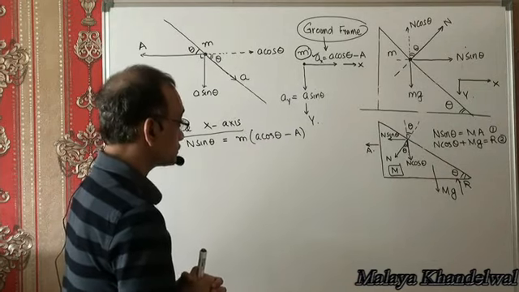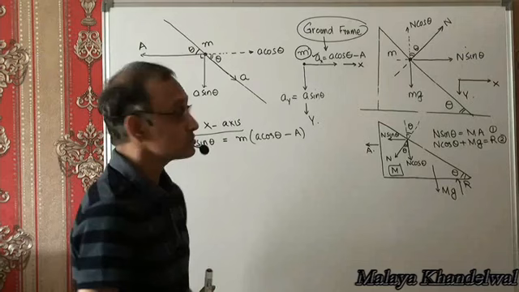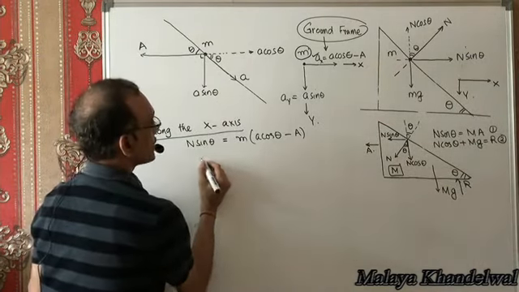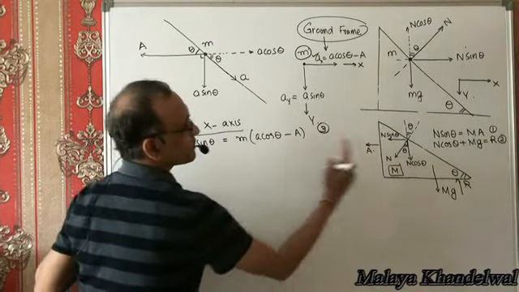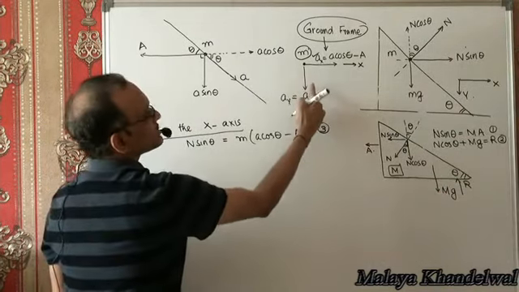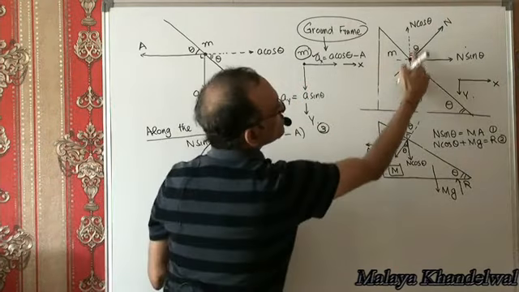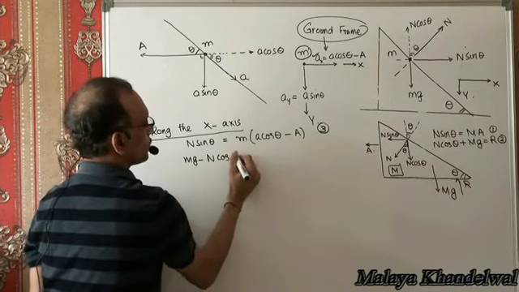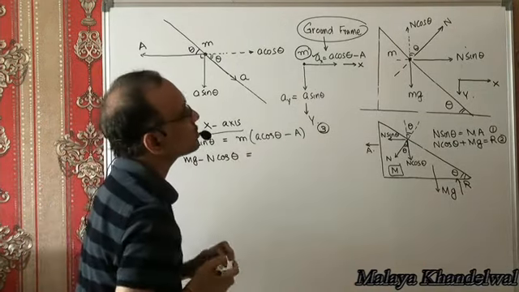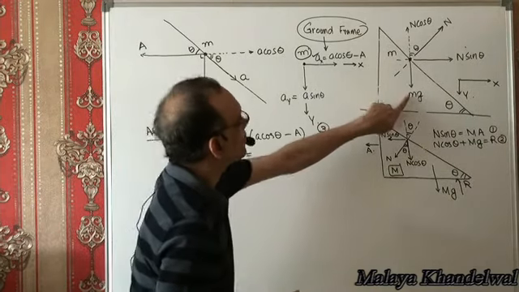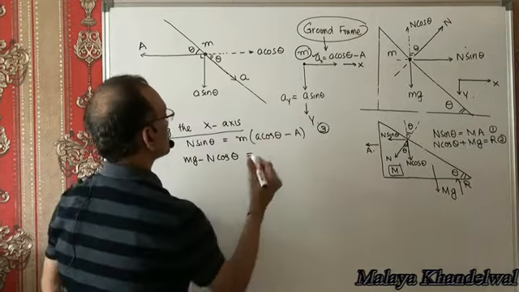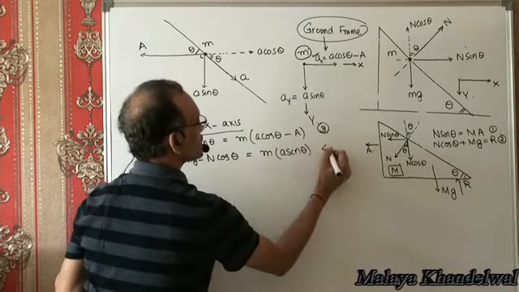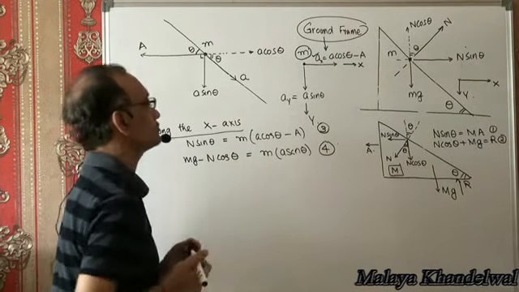What about the vertical direction? Let me call this equation 3, because these were equations 1 and 2. In the y direction, I have mg minus N cos theta, and that's going to give me mass into a sine theta. That's equation 4.